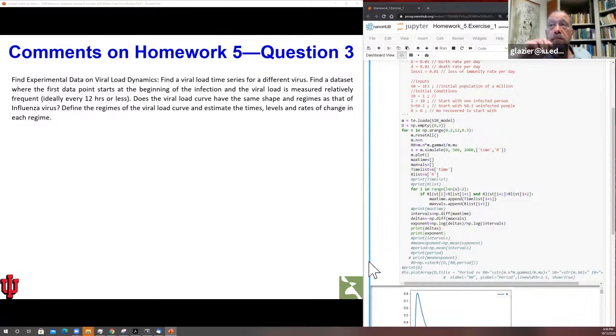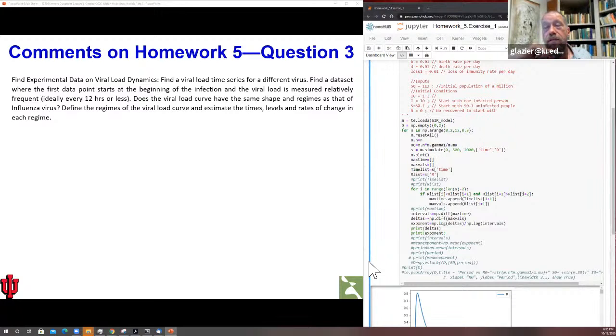Hepatitis C has a fairly short latency, goes up a little slower, then comes down, and then never goes away, stays high for the rest of your life. So that one's sort of interesting.